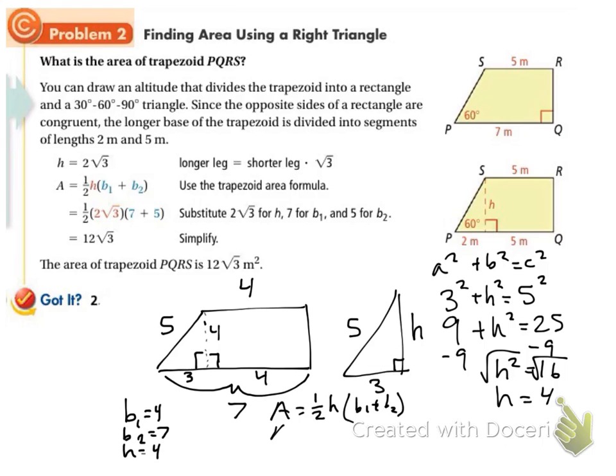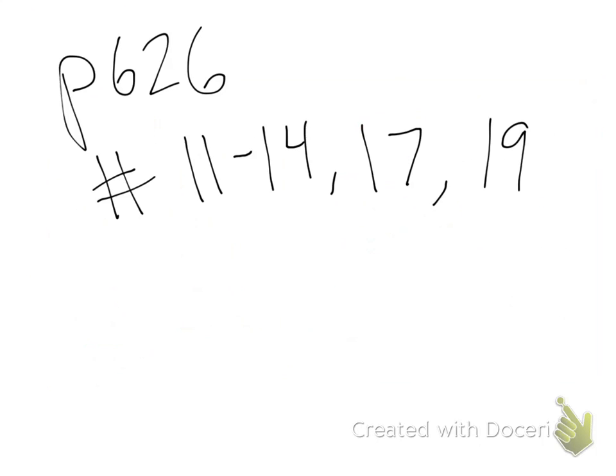So that's 1/2 times 4 times 4 plus 7, which is 1/2 times 4 times 11. 0.5 times 4 times 11 gives us 22. And there's your homework.